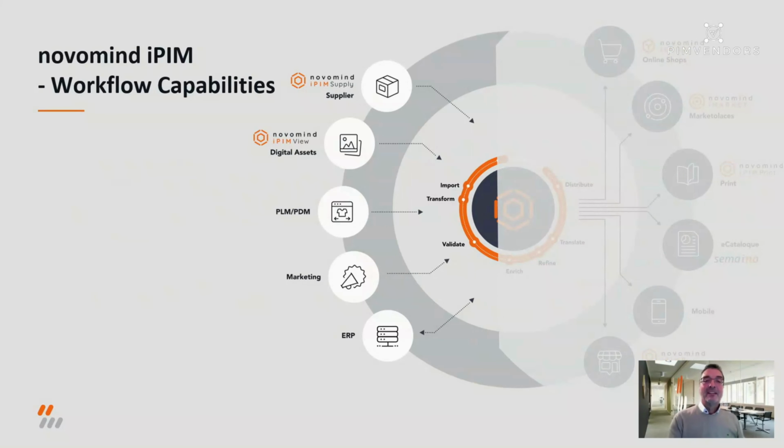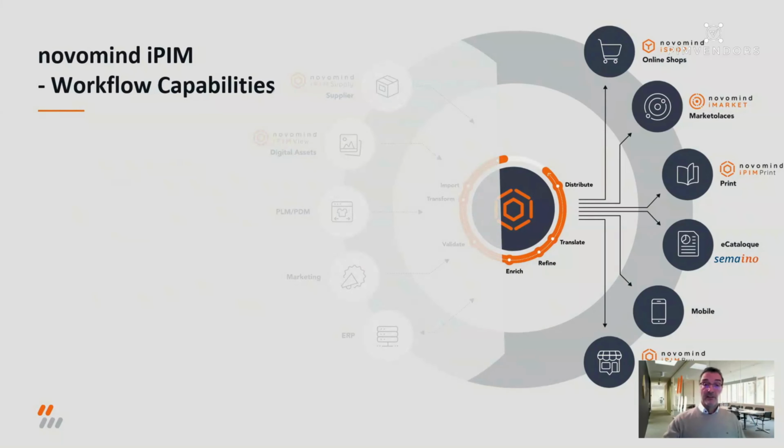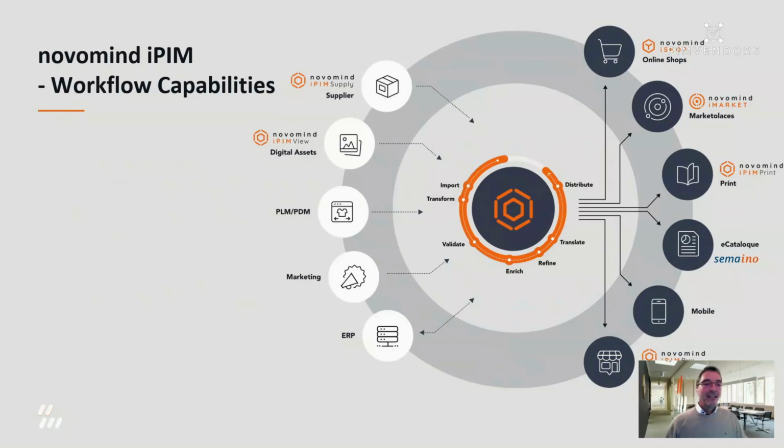Because the relevant inbound sources for product data need to be connected seamlessly: supplier data, digital assets, marketing content, ERP data, as well as relevant outbound target systems for product data, for example, web shops, marketplaces, print or mobile devices, e-catalogs, and POS systems. novomind iPIM manages product data from import in the center of this circle, from import through transformation to validation, via enrichment and refinement to translation, and finishes with channel-specific distribution or syndication of the relevant content.